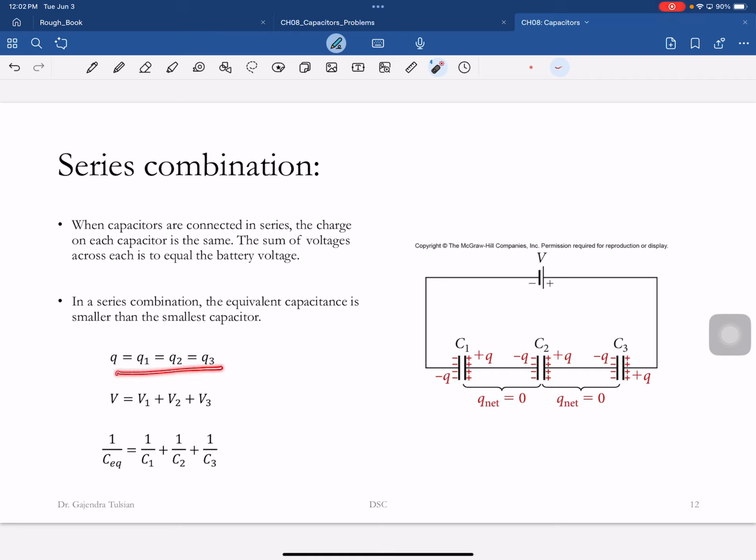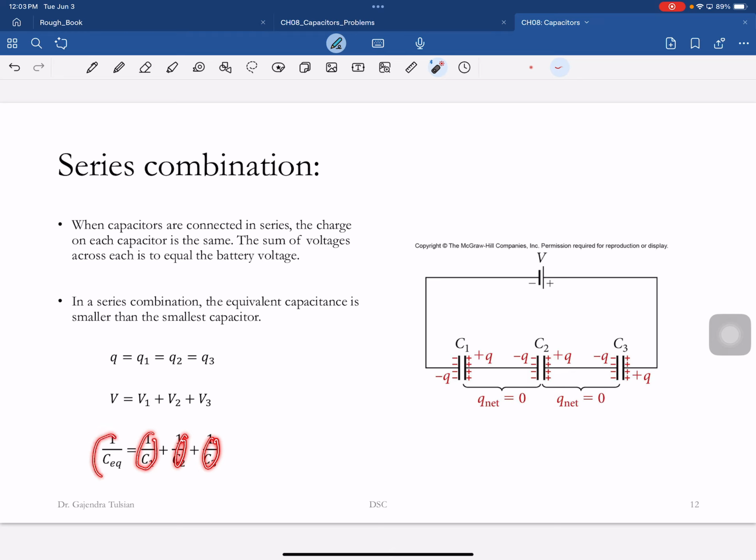So the charges are equal, and the sum of the voltages is equal to the voltage of the battery. The equivalent capacitance is given by the inverse sum. Notice this: this is positive, this is positive, this is positive.